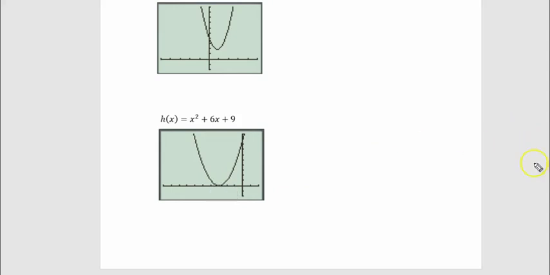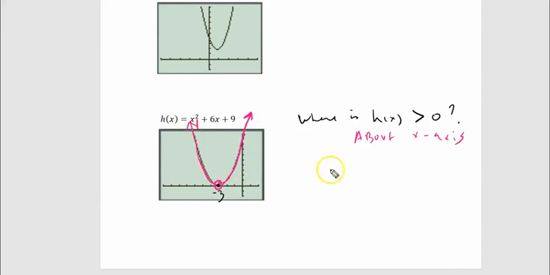So if we're asked where is h of x strictly greater than 0, well, that means where is it strictly above the x-axis? And we do not include this point because at that point it's on. But it's going to be above everywhere else.